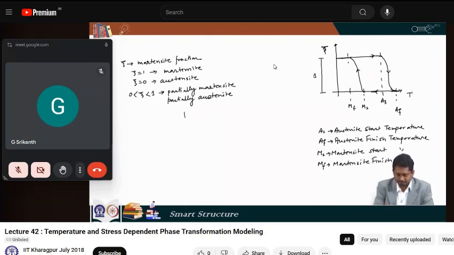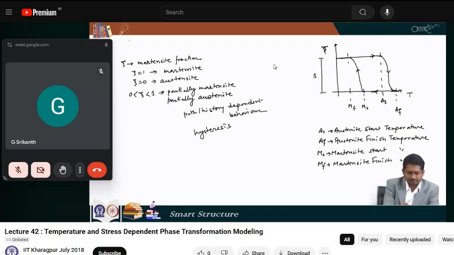So it is a path or history dependent behavior, and it shows hysteresis. And this is martensite fraction versus temperature behavior.